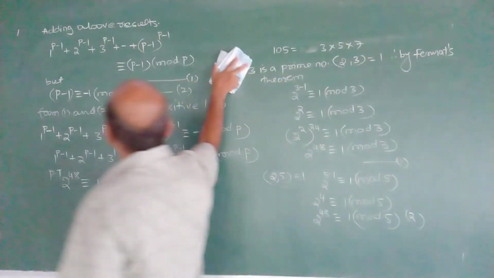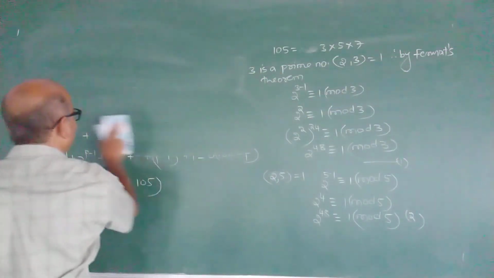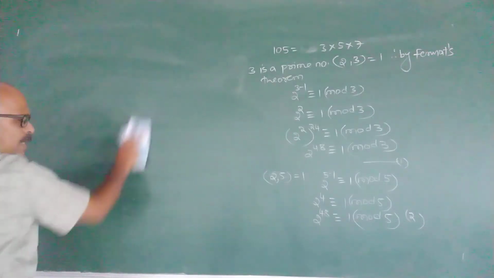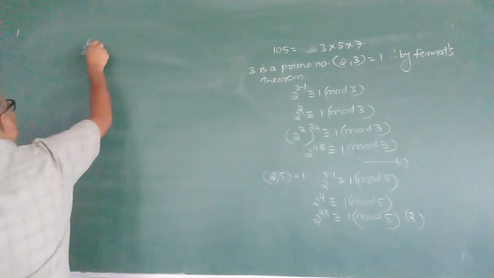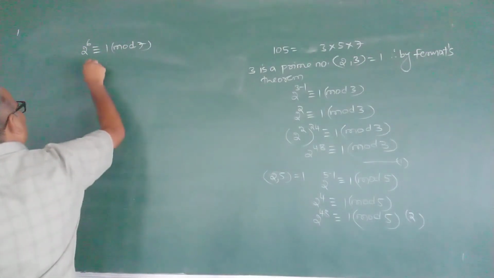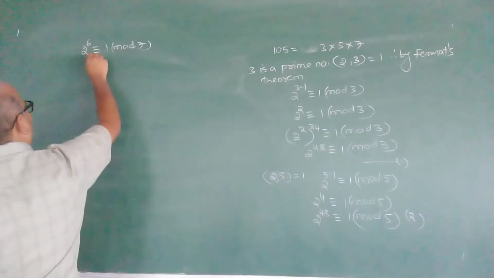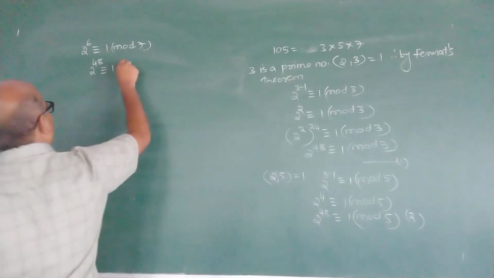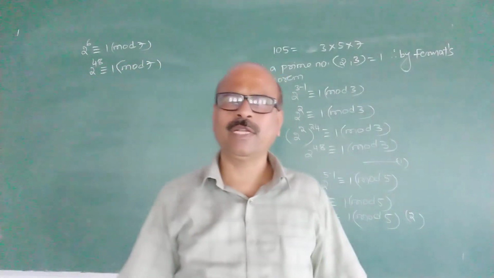Next, 7 and 2 are also relatively prime. Therefore, 2 raised to 6 is congruent to 1 mod 7. 2 raised to 6 raised to 8, that means 2 raised to 48, is congruent to 1 mod 7.